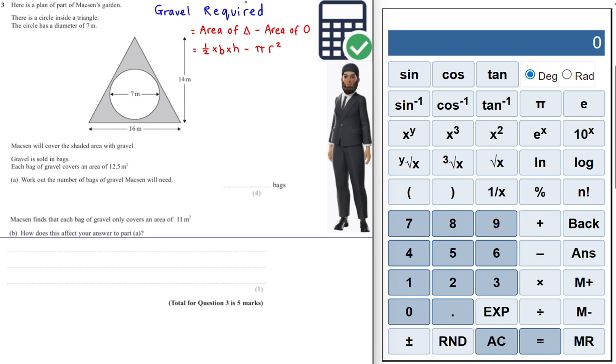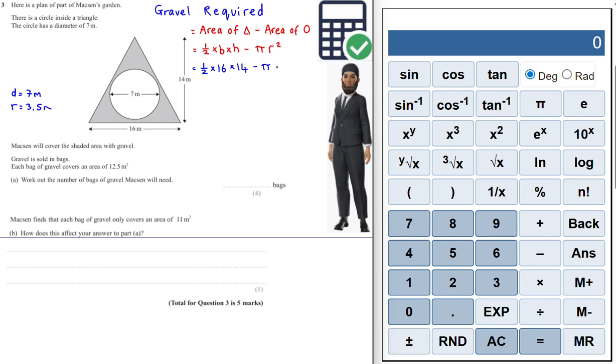Then let's see if we can work that out. So a half multiplied by the base over here, which is 16 for the triangle, and the perpendicular height is 14, minus pi, and at the moment what we've got, the diameter is 7. So the diameter equals 7 meters, therefore the radius is half of that, which will work out to be 3.5 meters.